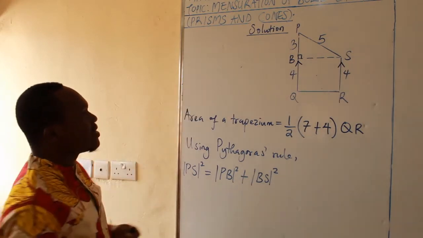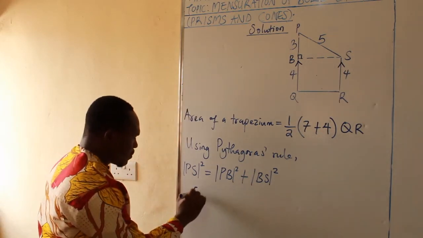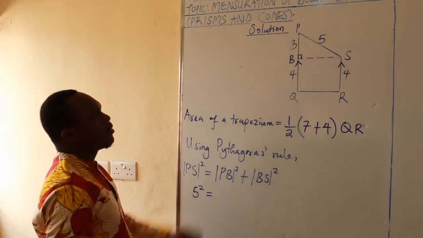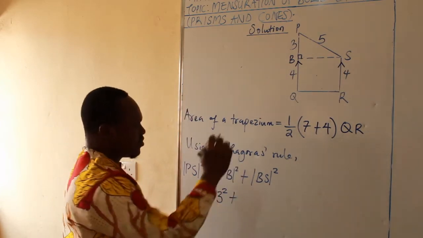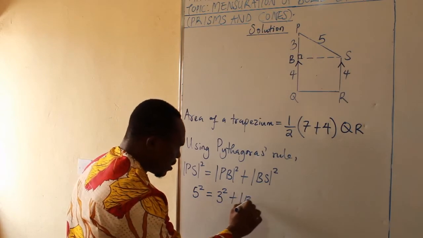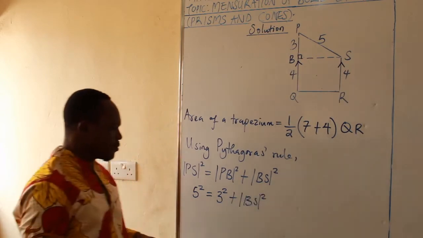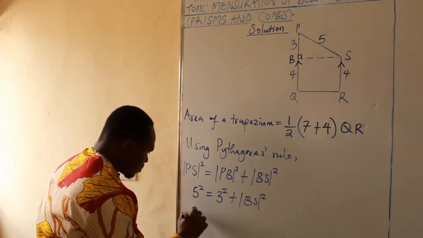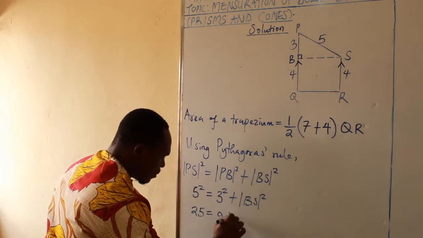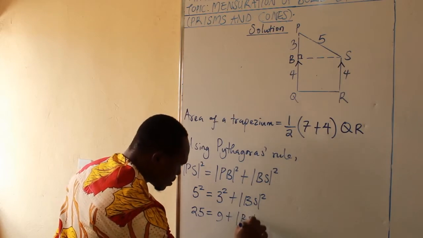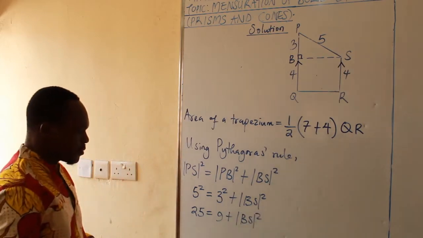The length of the line PS is 5 centimeters, so we have 5 squared is equal to PB, which is 3 squared, plus BS, which we don't know, we're looking for BS, all squared. Now 5 squared gives us 25, 3 squared gives us 9, plus BS squared.